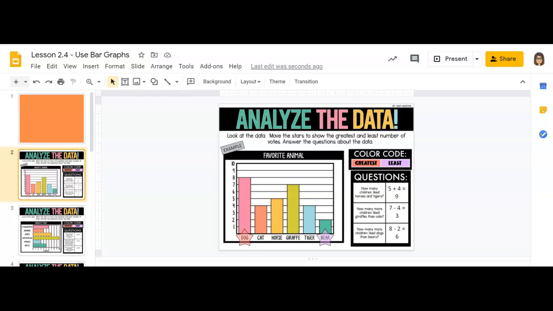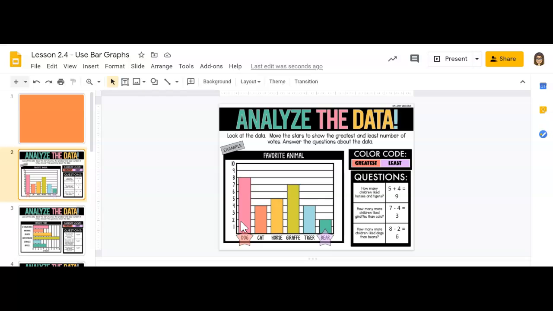The slide that you see right now on the screen, this is a picture of a bar graph. A bar graph has some similar features to graphs that we have looked at before. A bar graph has a title, it has categories, it has numbers for us to identify how many people have voted for that category.